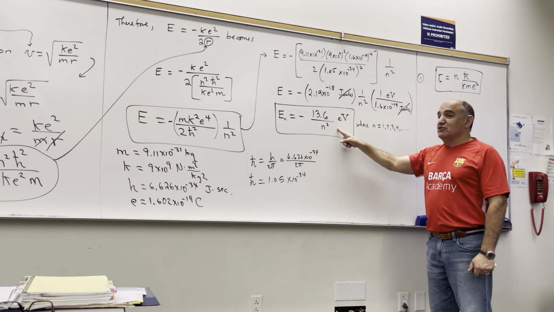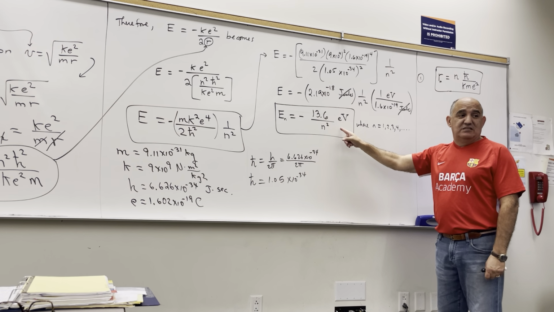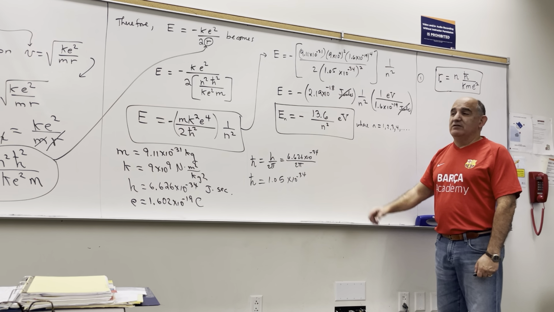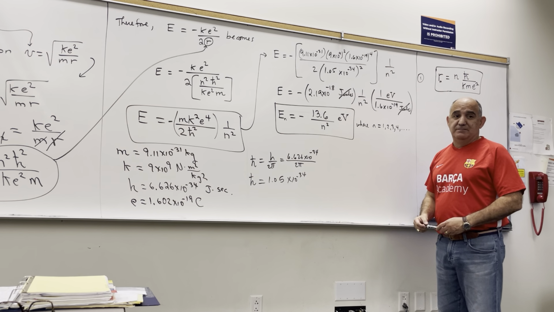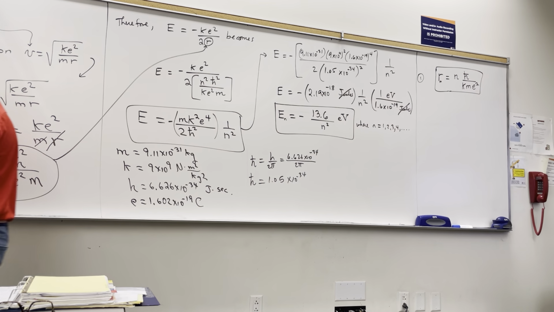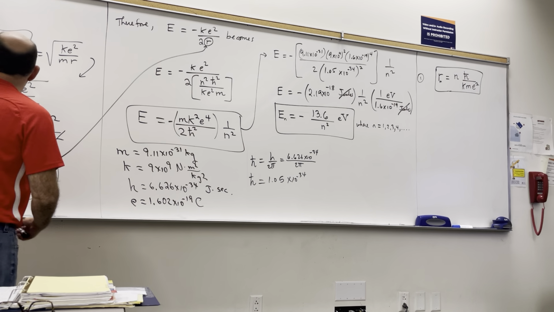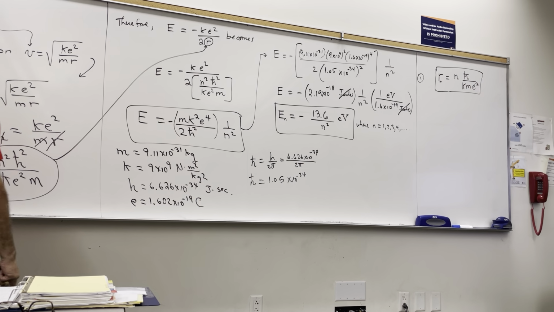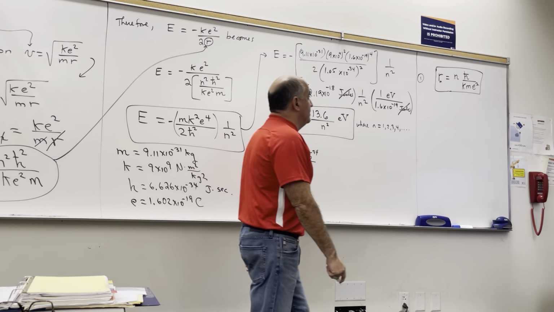Now, this expression turned out to be exact. So this is really his achievement over here. This expression turned out to be good. So there were some features about this equation that had to be fixed. The orbits are not necessarily circular. More generally, they are elliptical.